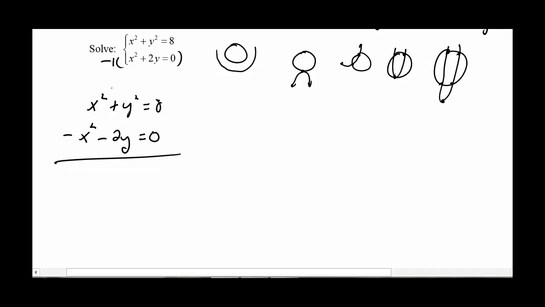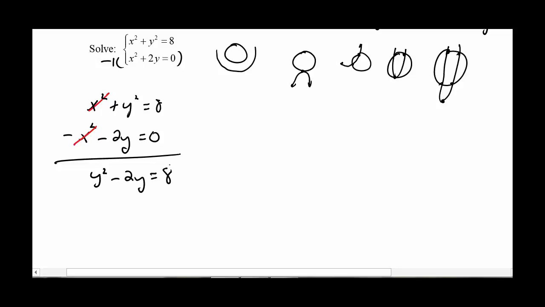Okay, and when I combine like terms, the x squareds cancel out. The y squared and the 2y aren't like terms, even though they're on top of each other, so those aren't going to go away. But I do get y squared minus 2y equals 8.